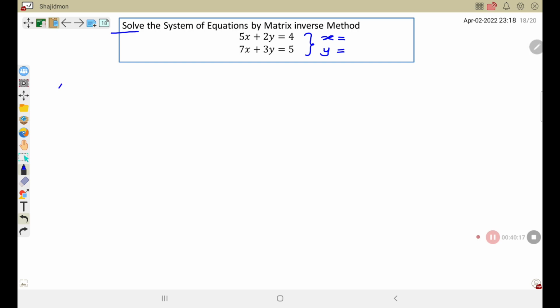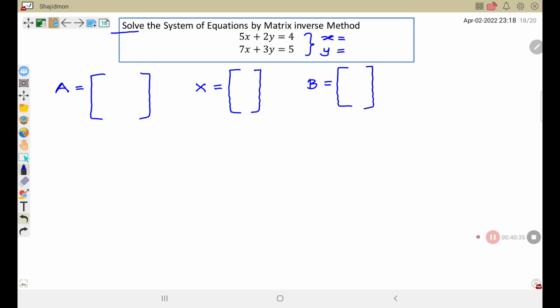First, as usual, we write the coefficient matrix A, the variables matrix X, which is a column matrix, and the right side matrix or constant matrix B, correct?